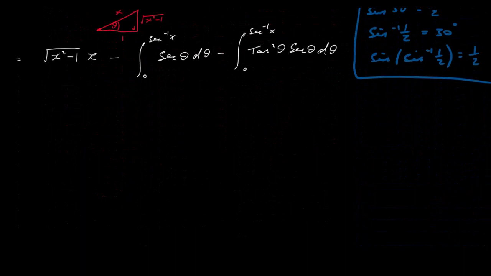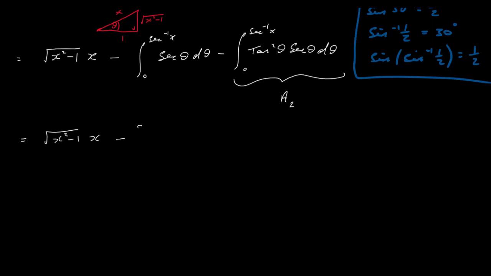Okay, so let's move that on down a bit. Now, if you look at this here, this is just what we started with. This is just A2, area 2. This is the integral that we started with at the beginning when we started doing integration by parts. So really what we've got here is the square root of x squared minus 1 times x, minus the integral of sec theta.